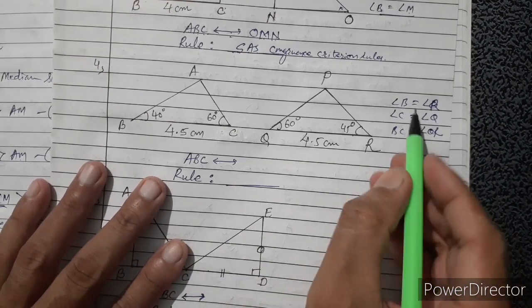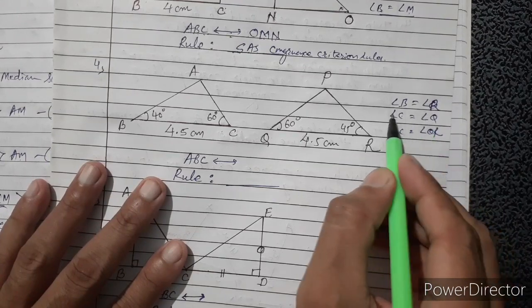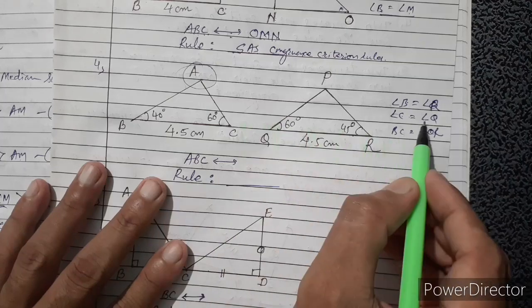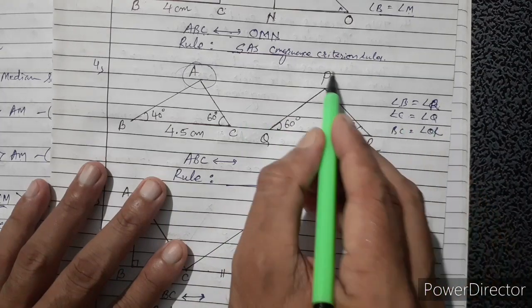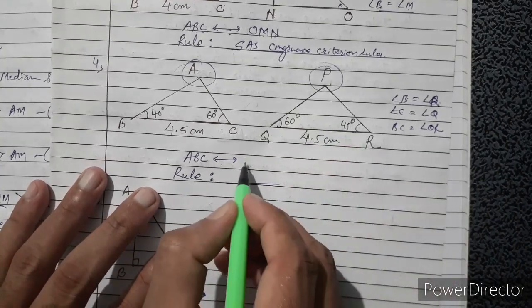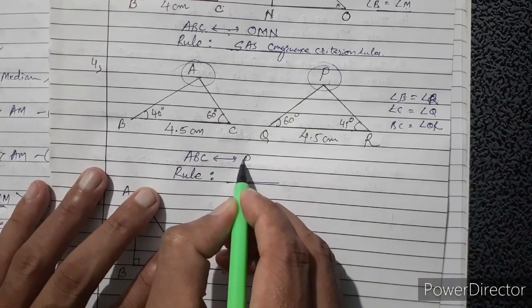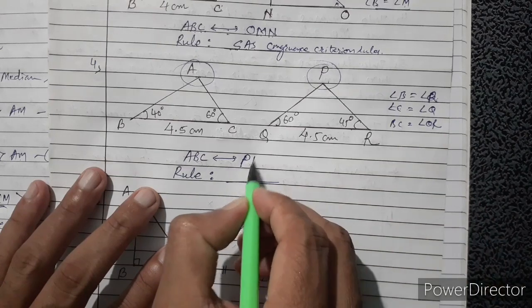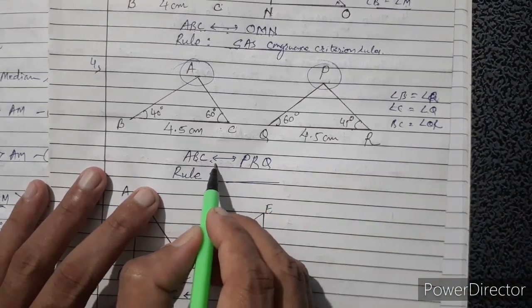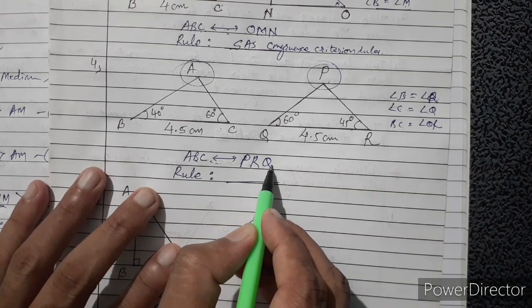Okay, so equality of B and C is given. So third one A, and here Q and R are there. Third one is P, means A is corresponding to P. So at the place of A, you just write down P, B with R, and C with Q. Okay, so ABC corresponding to PRQ.